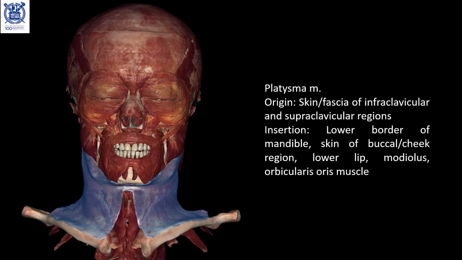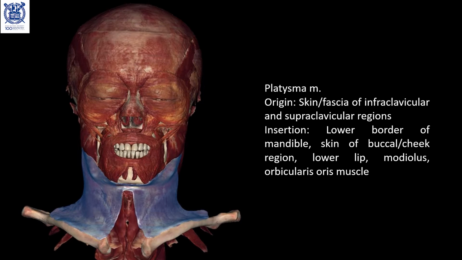Its fibers cross the clavicle and proceed obliquely upward and medially along the side of the neck. This leaves the inferior part of the neck in the midline deficient of significant muscle cover. So, the origin of this muscle can be said as the skin or fascia of infraclavicular and supraclavicular regions.